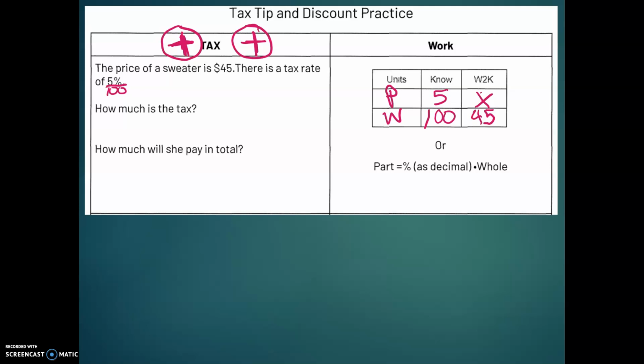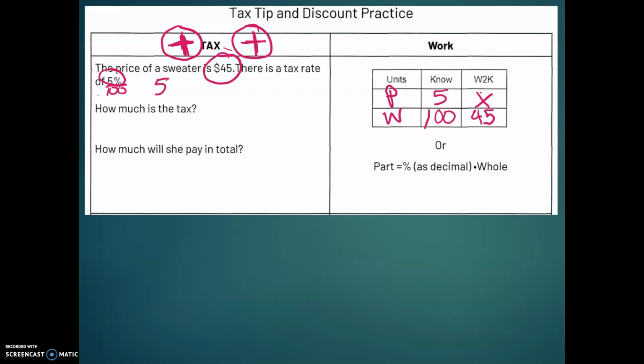So I do want to show you another way to solve these also, whenever maybe that doesn't work out for you for the best. So another way to do it is to take the price, which is $45 in this case, and multiply it by the tax percent. However, just like we've talked about before, you have to change the percent to a decimal first.